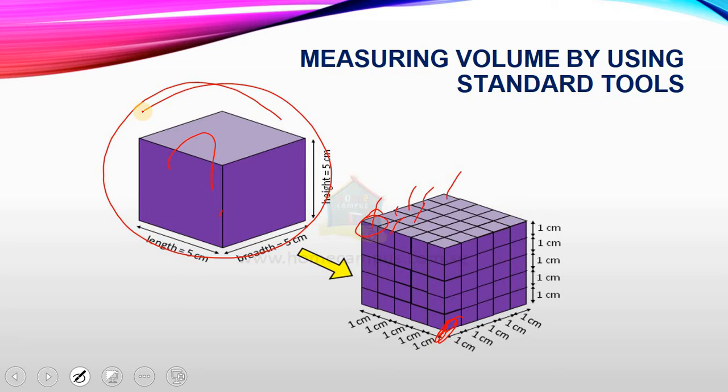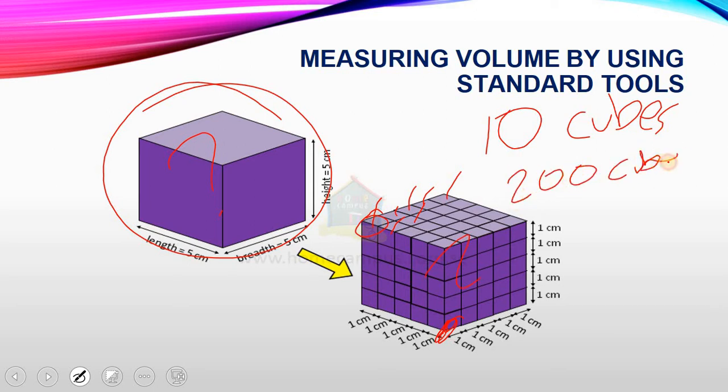Kalau kotak kecil tu ada 10, contohnya 10 cubes, that's the answer. Ataupun contohnya if here we have like 200 cubes, so the answer is 200 cubes. Jadi itulah cara dia for you to calculate the volume of the solid.